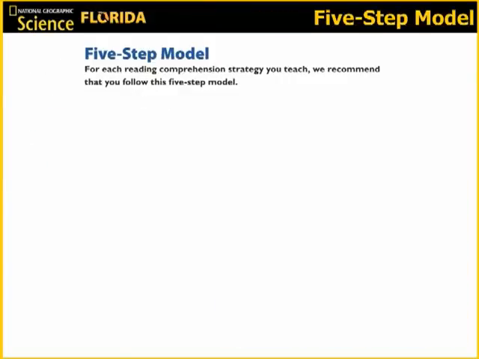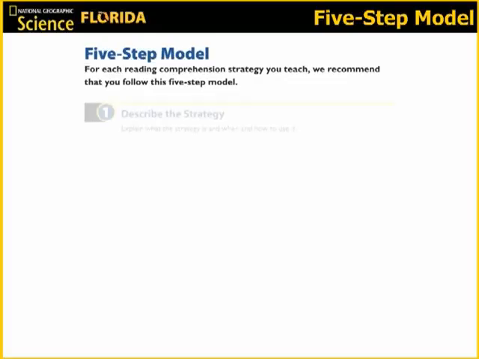Each of these strategies is taught using a 5-step gradual release instructional model. Based on a gradual release of responsibility, teachers initially assume all of the responsibility for using a particular strategy, then they fade out as students fade in and assume responsibility for using the strategies.